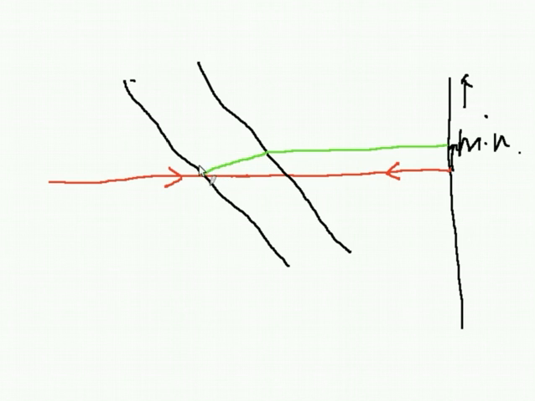Then we have to think about the path distance that's traveled by the light going through this beam splitter. So let's again say the thickness of this beam splitter, we're going to call it D. And here's a normal. We'll say that the angle of incidence, I'm going to call that theta, and the angle of refraction here is theta.